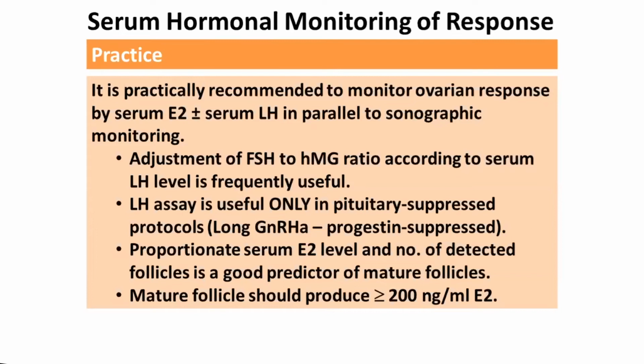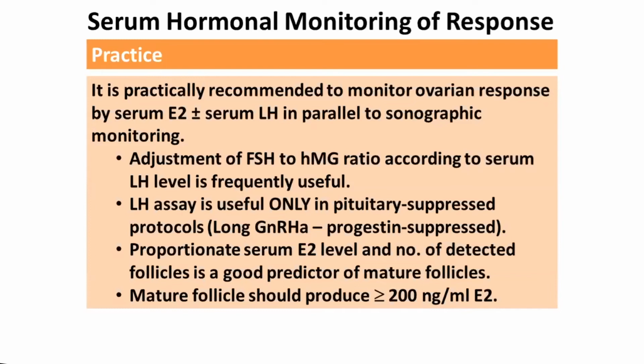Number 3, proportionate serum E2 level and number of the detected follicles is a good predictor of mature follicles. If you have too low E2, despite the size of the follicle approaching or reaching the mature size, be aware that you may retrieve immature follicles. You have to correlate between the serum E2 level and the size and number of the follicles before you take the decision to trigger.